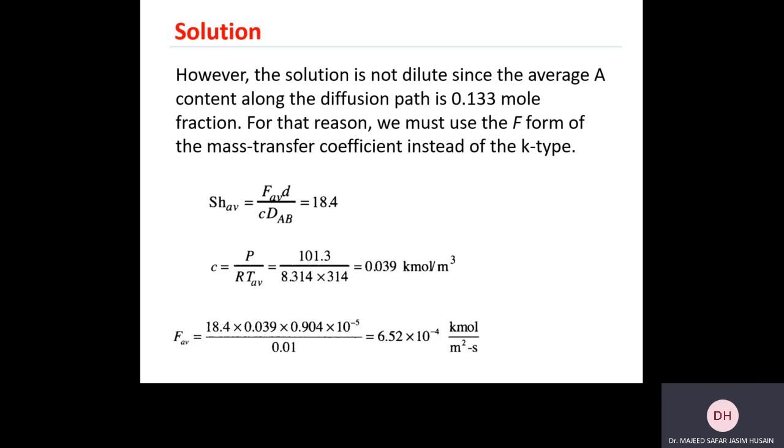You can calculate concentration since it is gas, so you can assume the ideal gas law, so P over RT, and the T should be the average temperature because it is in that film. So you got the C, you got the DAB, you got the small d. So in that case, you can find the mass transfer coefficient.